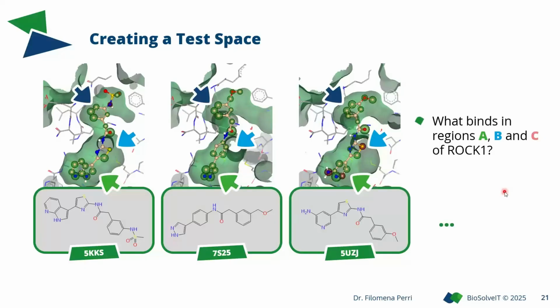Before I dive into the demo, I have to make a small digression into what we're going to use, because, of course, for the sake of time, I'm not going to use those vendors' spaces, but we created a test space for ROCK1, looking at what binds in the regions A, B, and C of ROCK1.